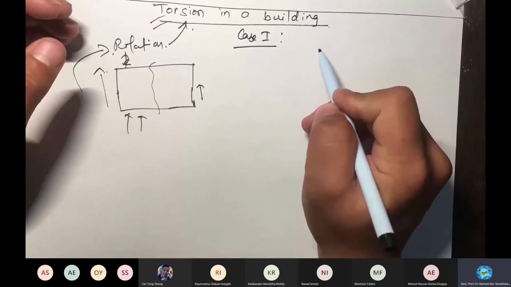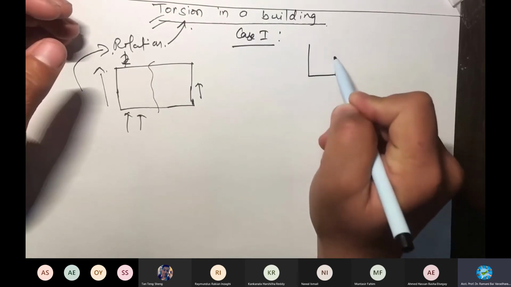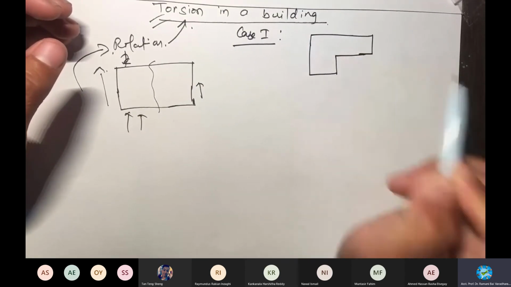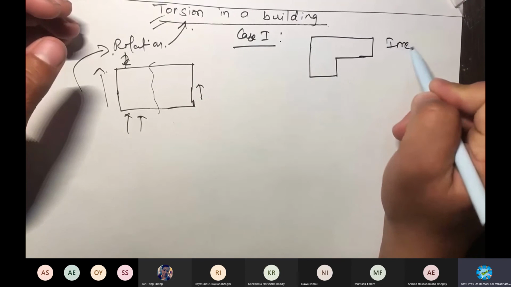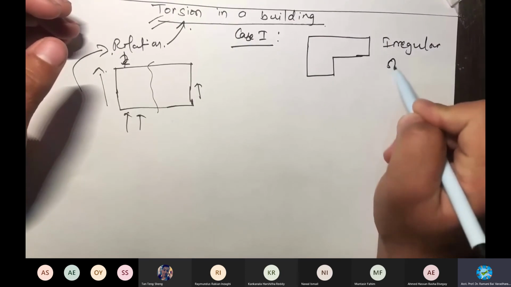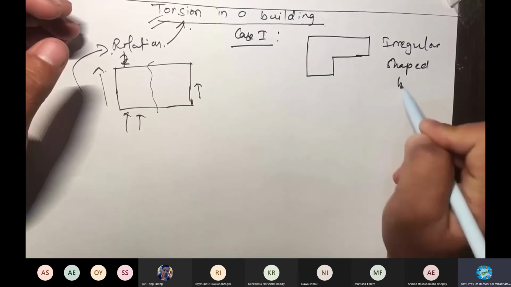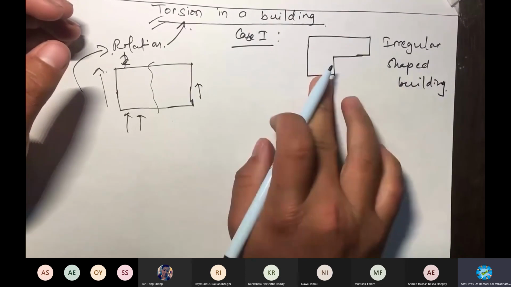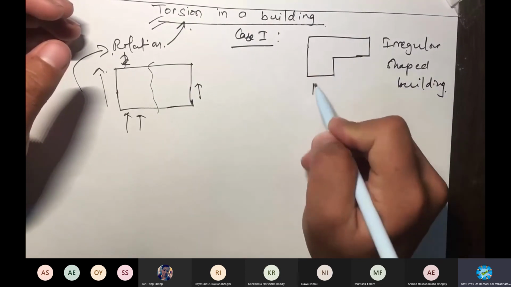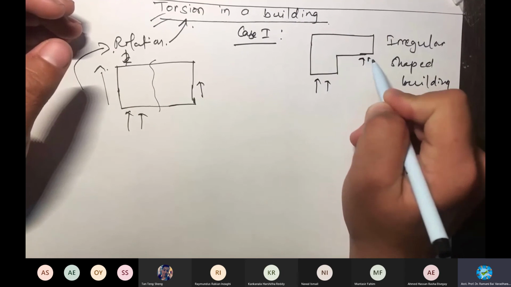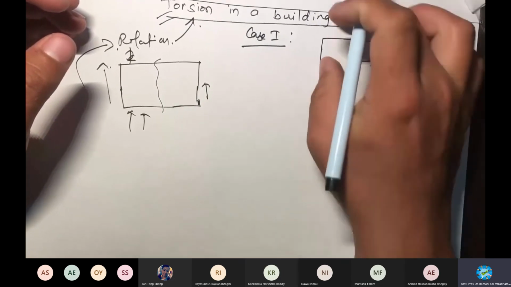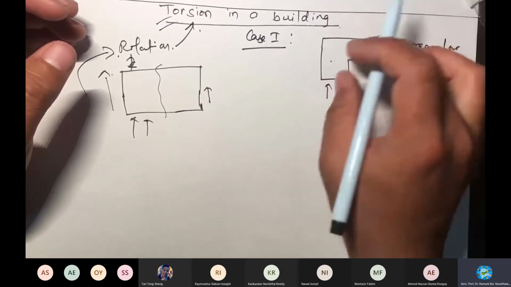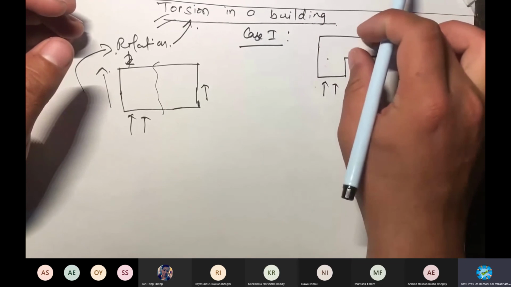So let's assume that we got a building and the building is in irregular shape. So in this case what happens is that, if it is acted upon by the lateral load, this portion undergoes displacement more differently as compared to this portion.